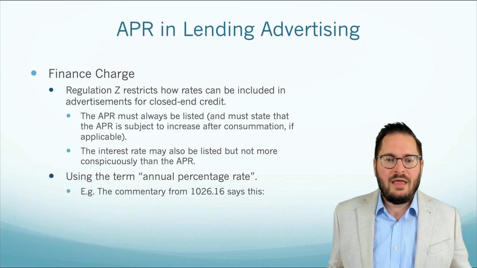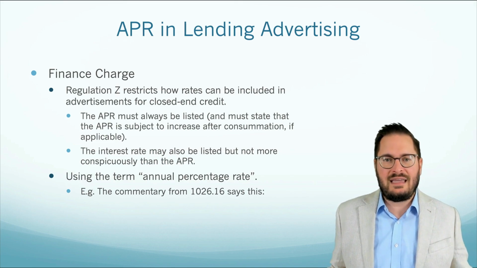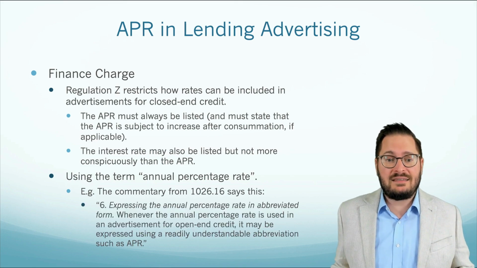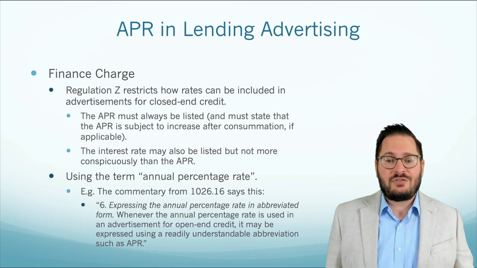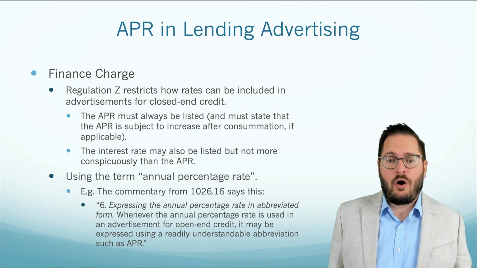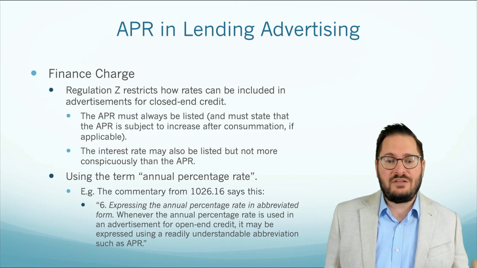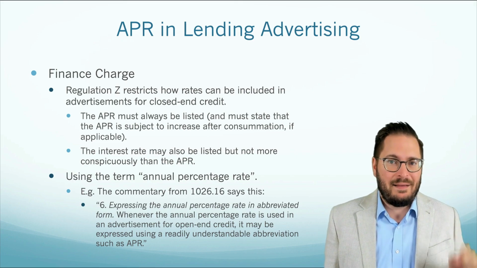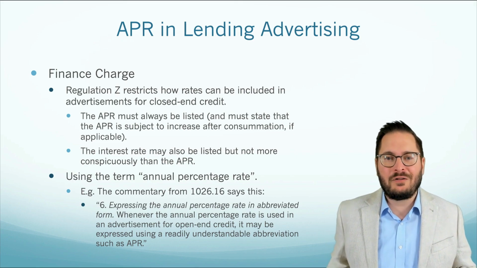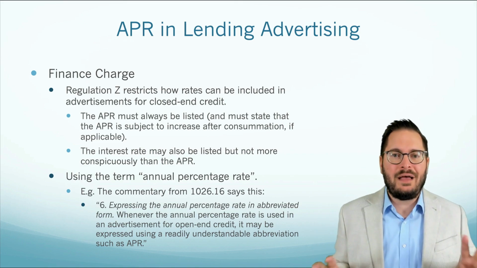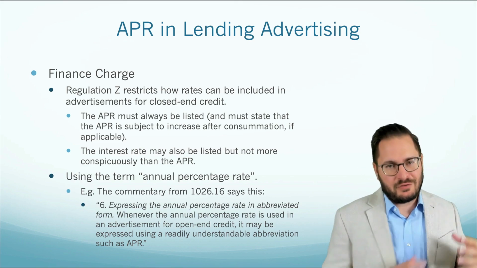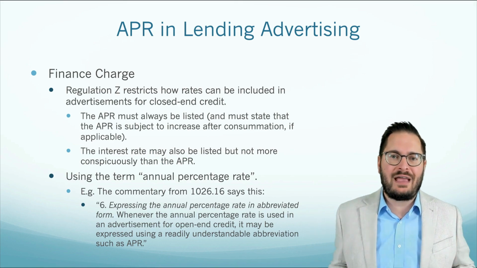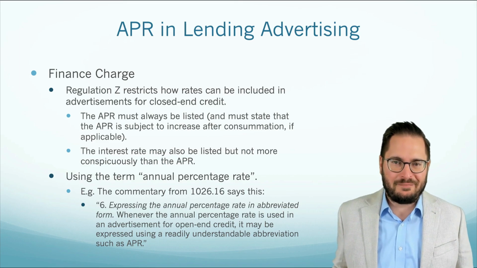For example, the commentary to 1026.16, which governs the advertising rules for open-end credit, says, whenever the annual percentage rate is used in an advertisement for open-end credit, it may be expressed using a readily understandable abbreviation such as APR. So we no longer have to use the term annual percentage rate, because the commentary for both closed-end and open-end credit tells us that using the commonly known abbreviation of APR is appropriate.